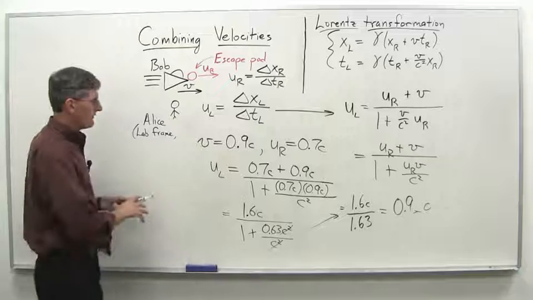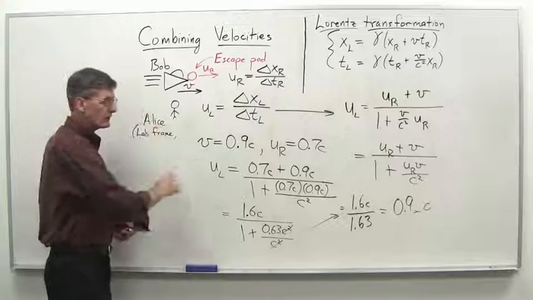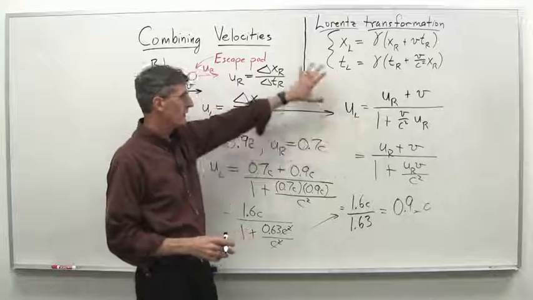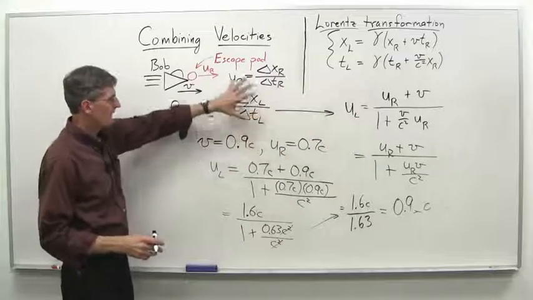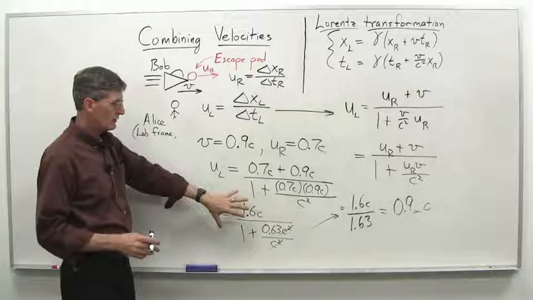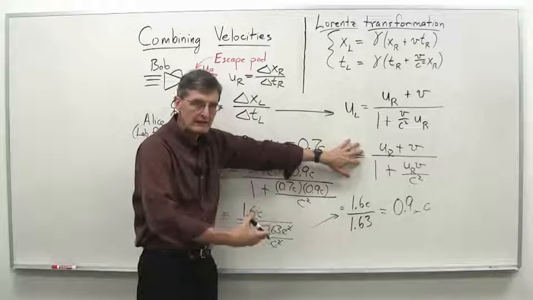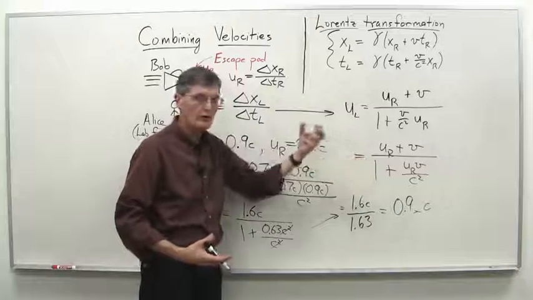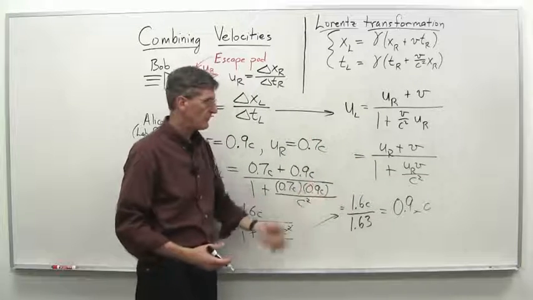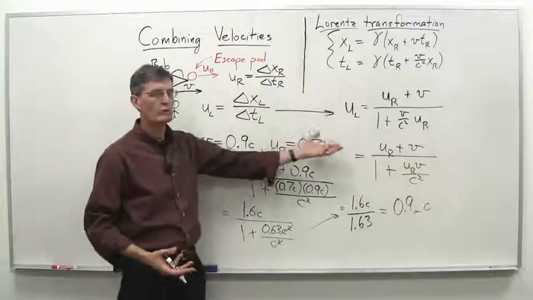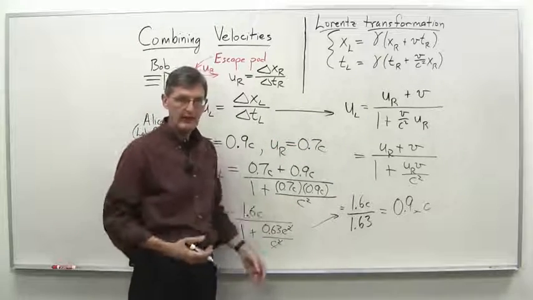Okay, so that is our basic combining of velocity equation here. Again, we got it from the Lorentz transformation and just the basic definition of a velocity. And we see the Galilean transformation is embedded in it in a sense, because if the escape pod velocity and the relative velocity between the frames are low with respect to the speed of light, then we just get our normal u sub r plus v, just add velocities.